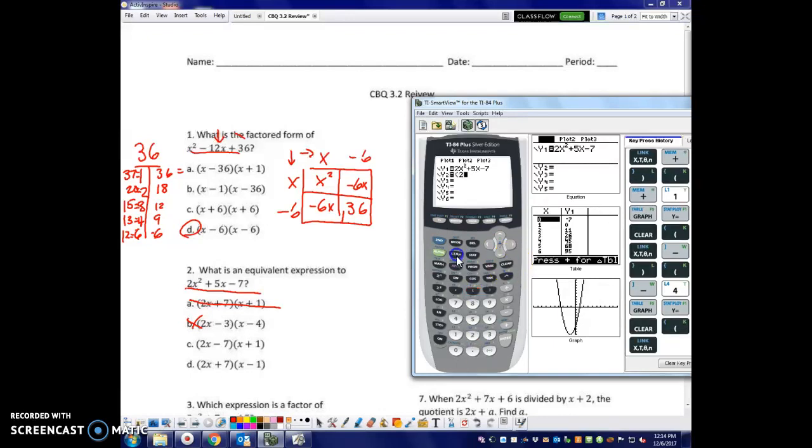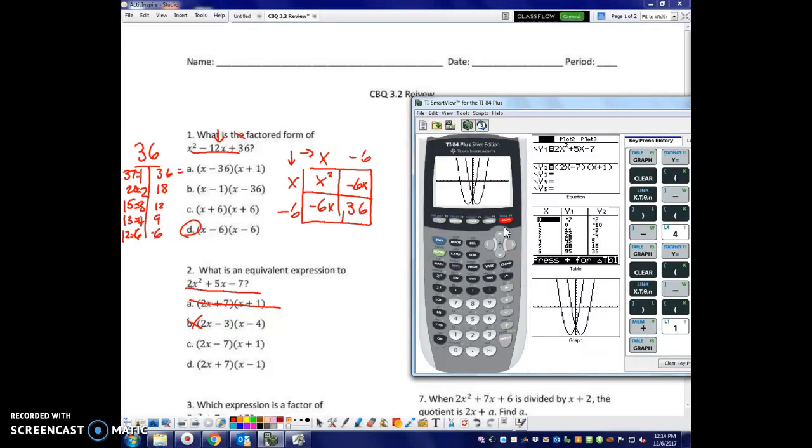So 2x minus 7, x plus 1. Graph it. Do they match? No, they do not.